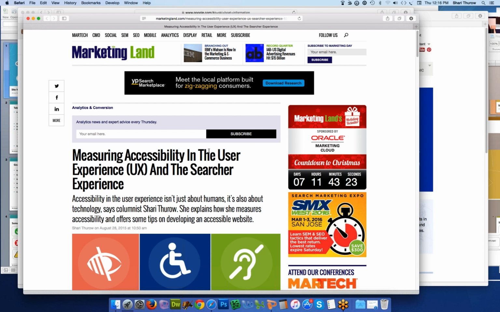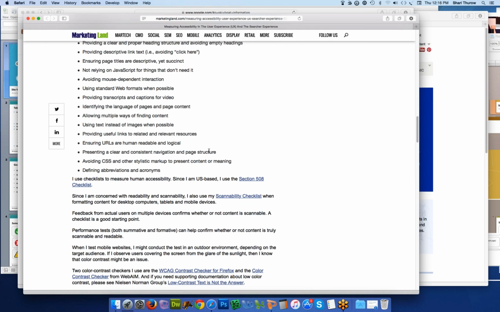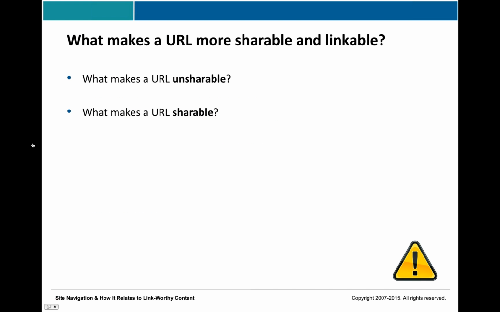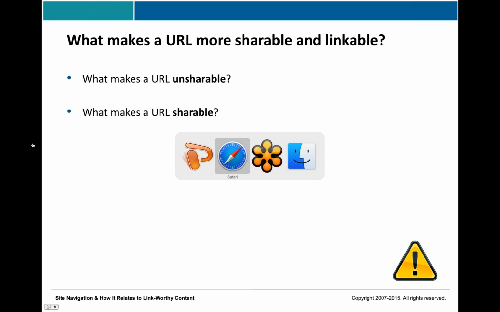This is something that goes back, and it still happens today. URLs can be absolutely unshareable. The easiest answer is, first of all, don't make the mistake of thinking that everybody reads email using an HTML email reader. I, for one, do not.